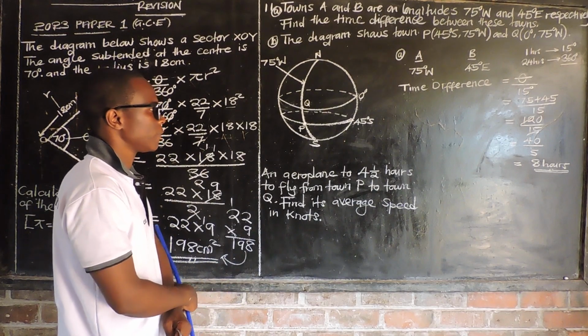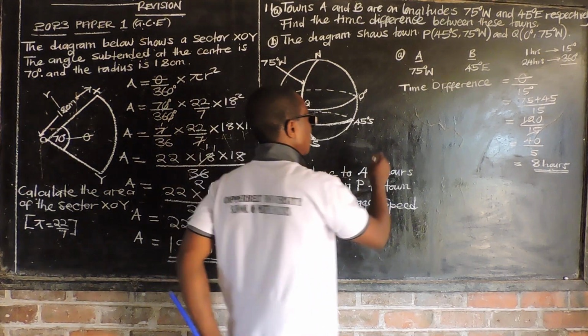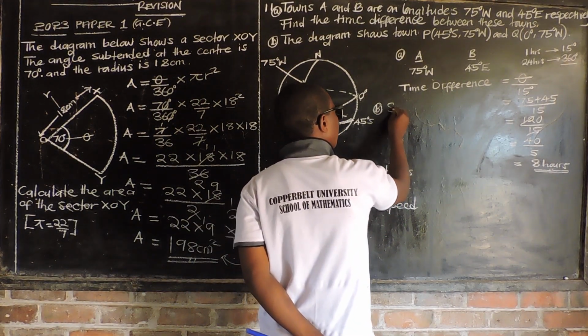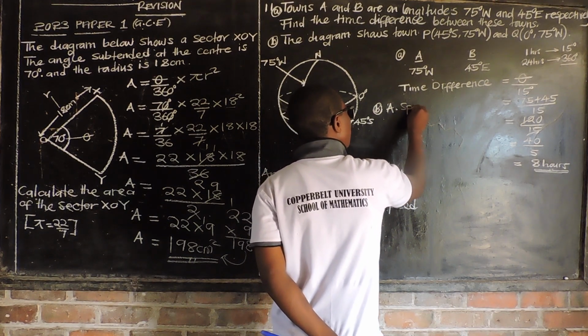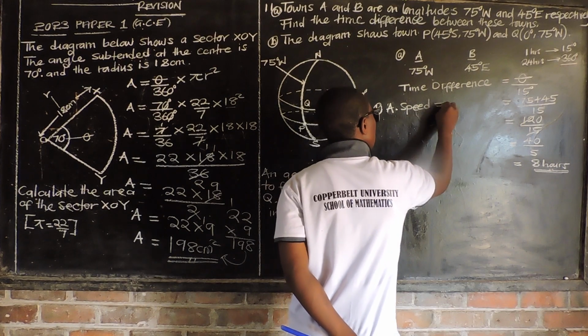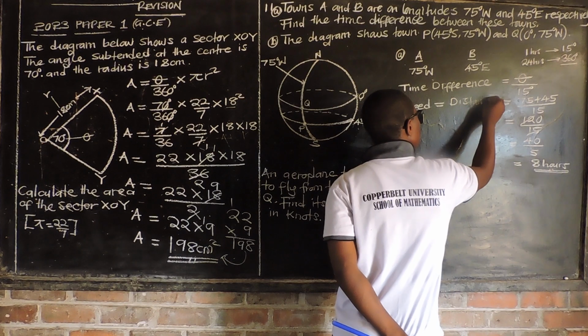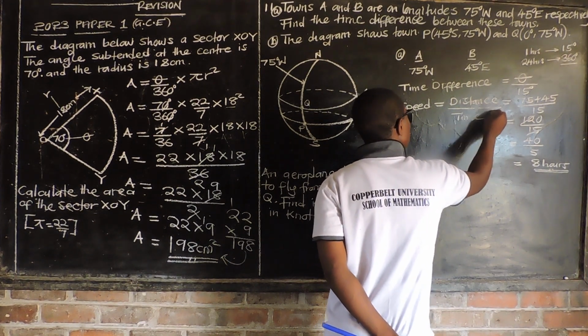For us to find speed, first and foremost, this is question B. Average speed is equal to distance over the time taken.